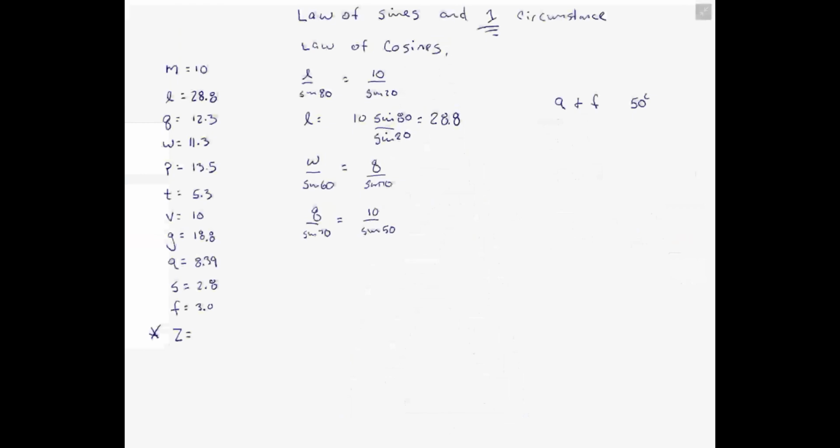Once we have that, let's get this thing right. I had F on sine X equals Z on sine 50.